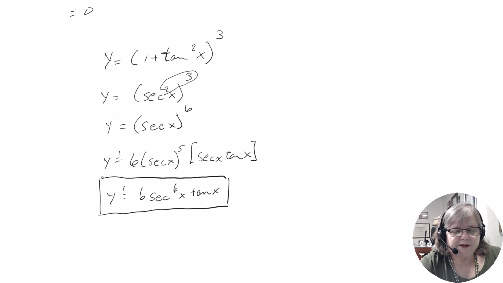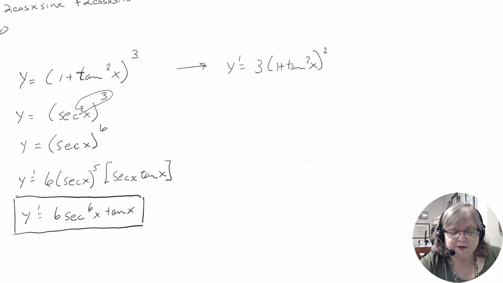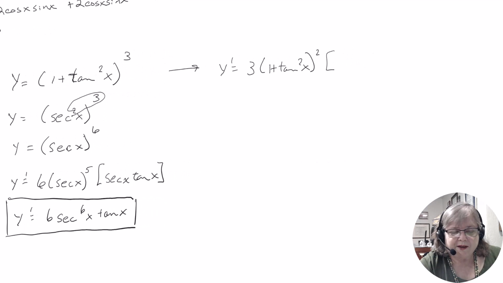Now you can imagine that if you had done this one straight without replacing it with something more straightforward, y prime would be bring the power down, leave the inside alone, take 1 off the power, loop back in and take the derivative of the inside. The derivative of 1 is 0.